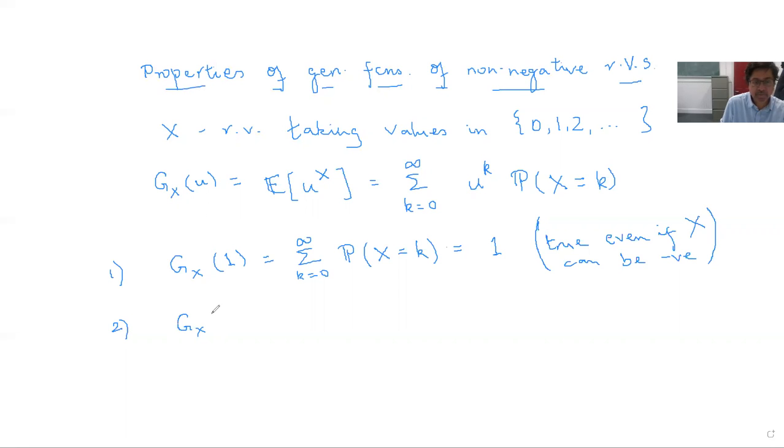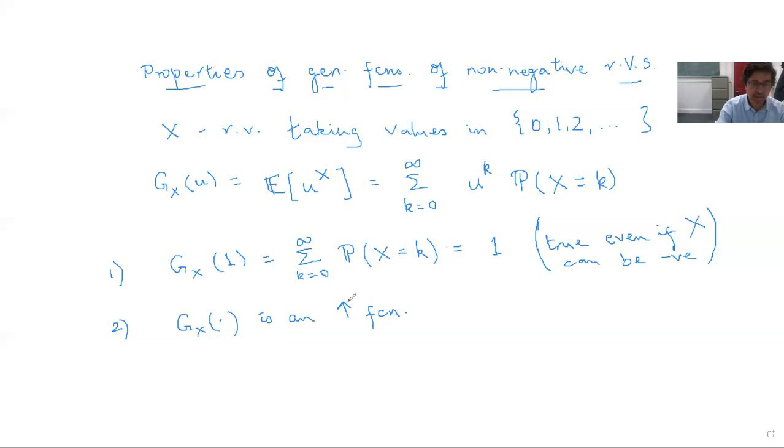It's an increasing function. So if u increases, then so does G_X of u. And okay, so this is easy to see. G_X is a sum of, so it's 1 times the probability X equals 0. The constant 1 is a non-decreasing function.